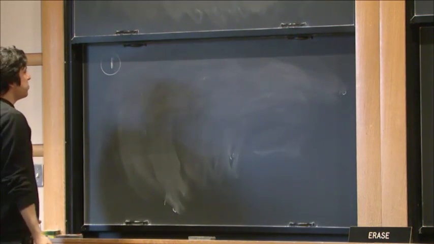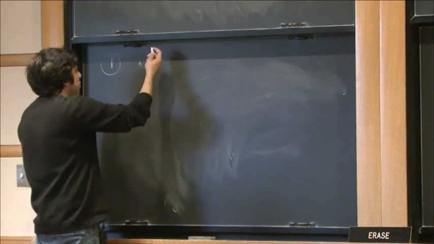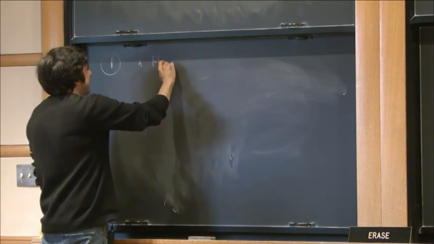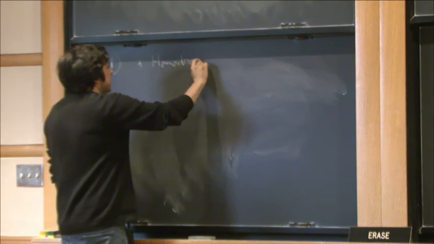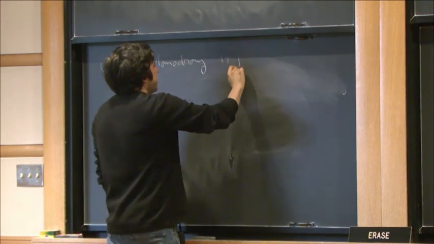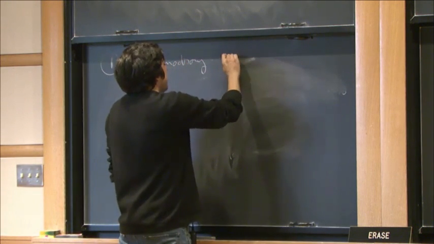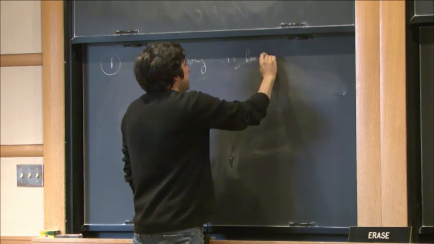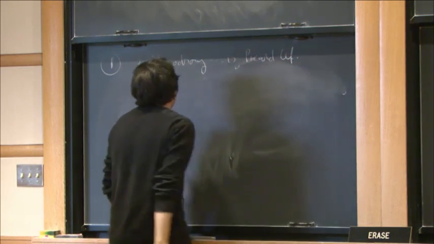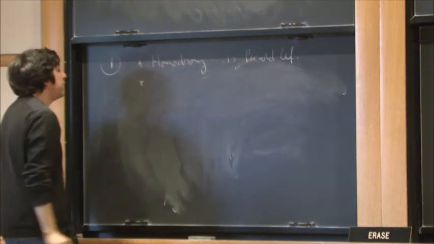Now, of course, what do we know about the monodromy? In this kind of trivial situation, monodromy is given by Picard-Lefschetz. That's one thing that we know.